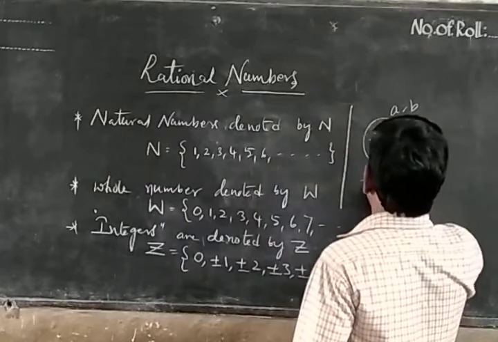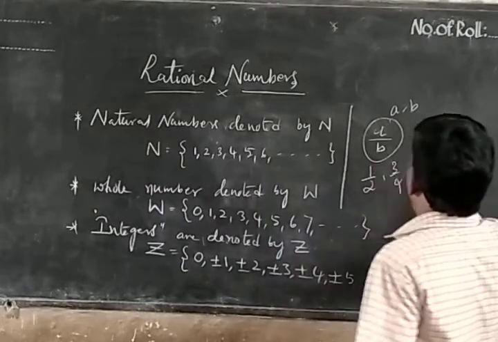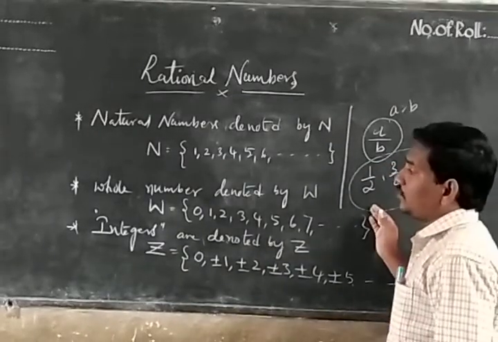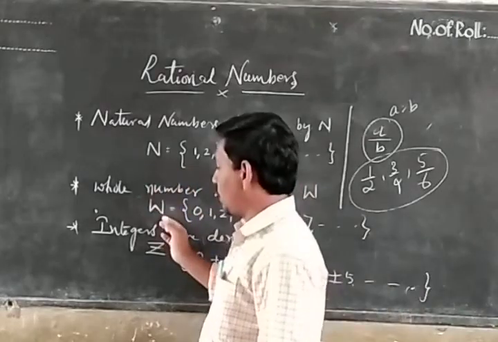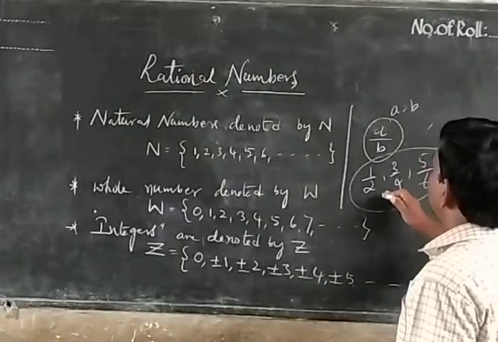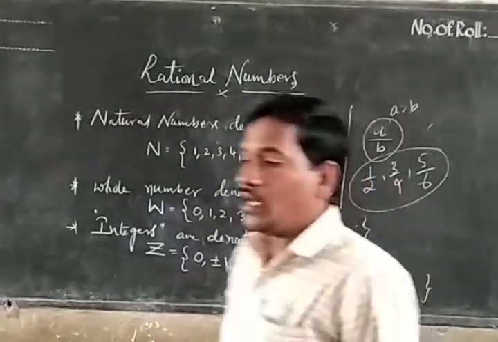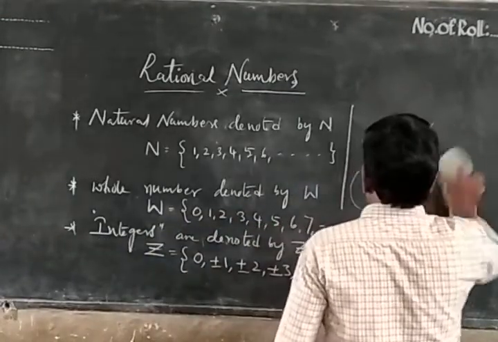So 1 by 2, 3 by 4, 5 by 6, all these are fractions. Fractions belong to natural numbers or whole numbers or integers. So we can see the fractional numbers in rational numbers, okay, which are in the form of P by Q, or rational numbers.